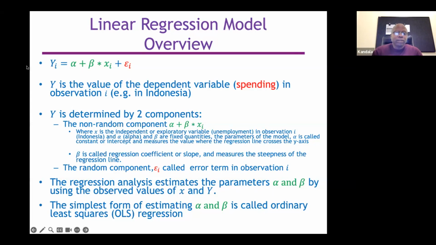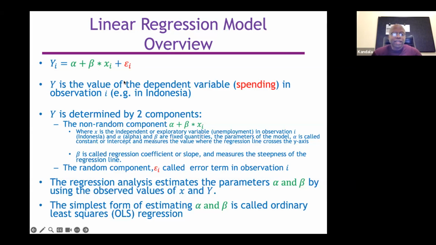Usually the regression analysis is characterized as yi equal to alpha plus beta multiplied by x, which is the independent variable, plus the error term. I'll comment on this later.